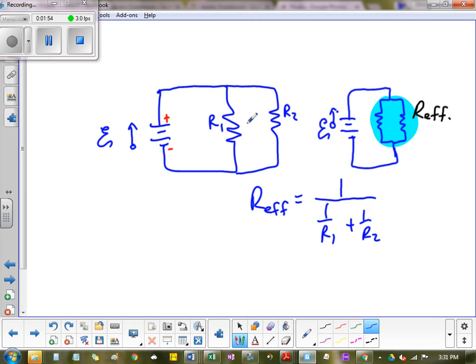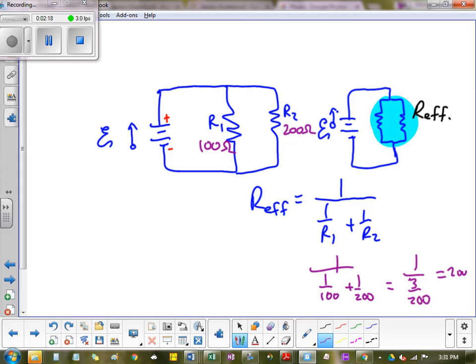For example, if this was a 100 ohm resistor and this is a 200 ohm resistor, you would go 1 over 100 plus 1 over 200, which comes out to 3 over 200, and then you flip it over again. So 1 over that: 200 over 3.